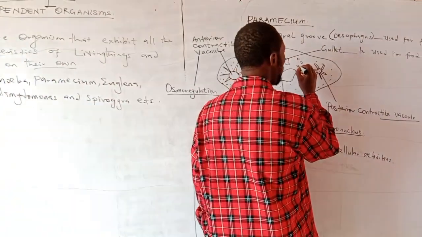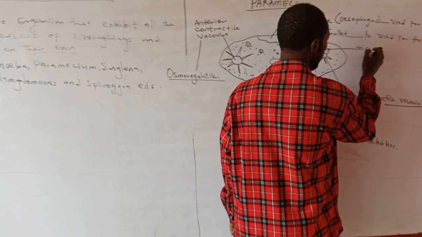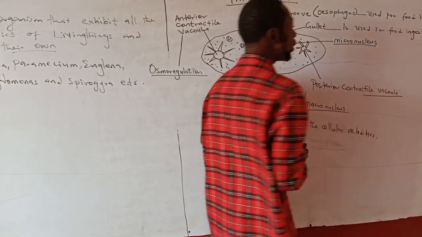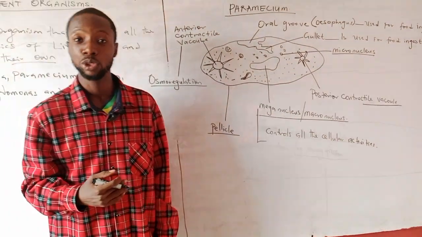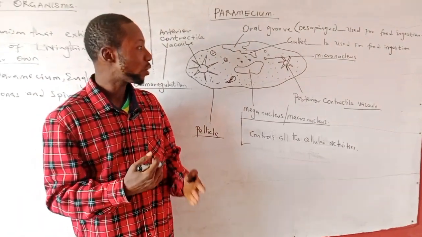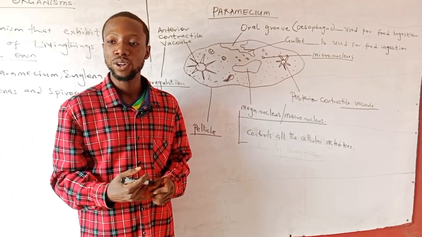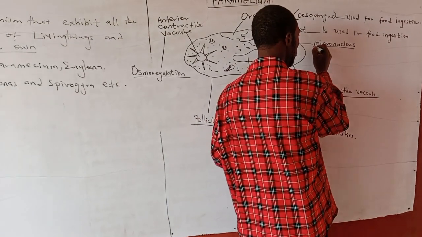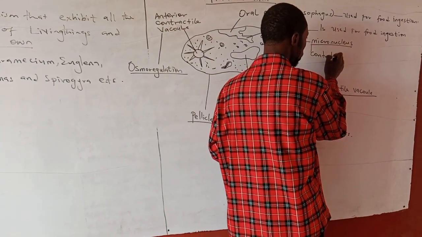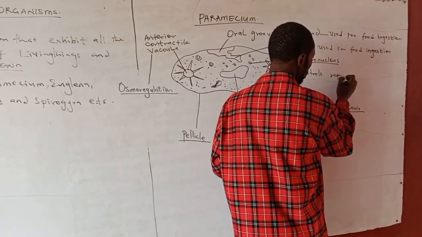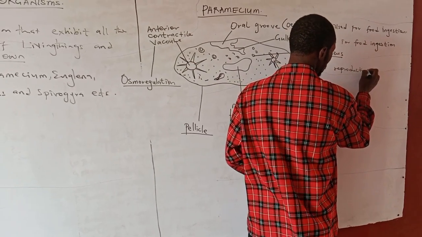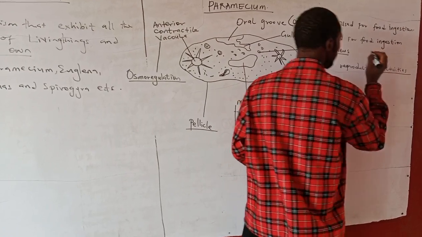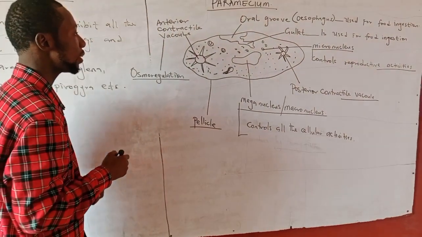Alright? Then the next is the micronucleus here. This micronucleus is concerned with reproduction. Okay? It regulates and controls all the reproductive activities.